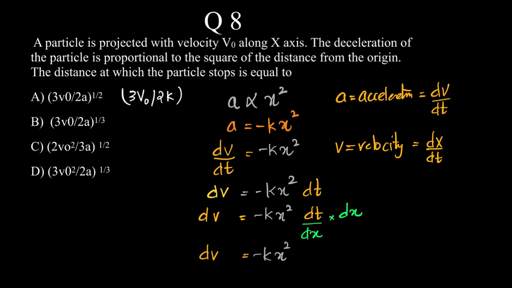Now have a look at what we've done here. See, what is dt by dx? From here, v is equal to dx by dt, in which case what is the reciprocal? dt by dx will be equal to 1 by v. Simple. So I'll bring in this 1 by v here, so I'll write this as 1 by v into dx.